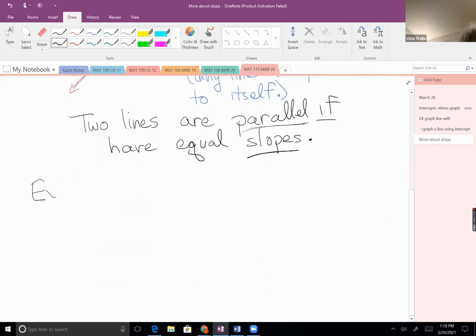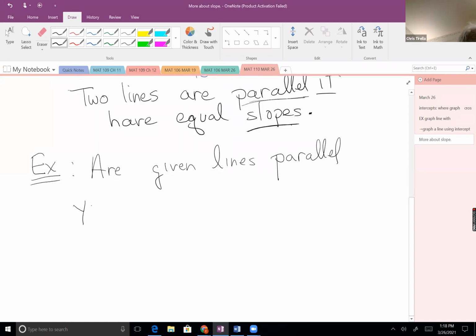One type of question would ask something like, are the given lines parallel? And we might have a couple of linear equations. Y equals 3x plus 4. And let's have our other one be 12x minus 6y equals 18.